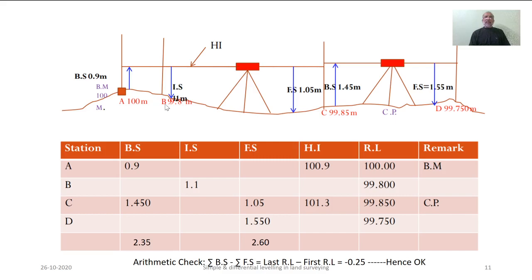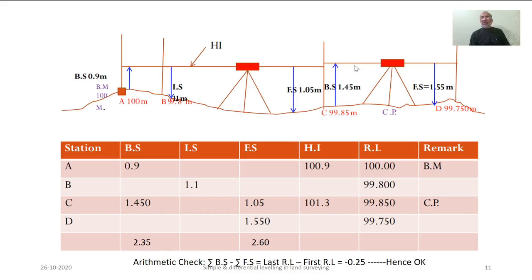Now we wish to determine the RL of station B, which is the vertical ordinate with respect to datum up to that station itself. That means the reading above the ground up to that line of sight must be deducted. So 100.9 minus 1.1 meter is 99.8 meters. Similarly, 100.9 minus 1.05 is 99.85 meters. Now, this is the change point. There are two readings, 1.05 and 1.45.